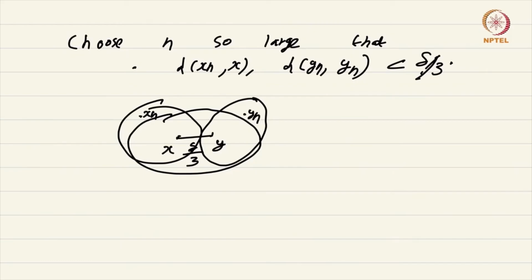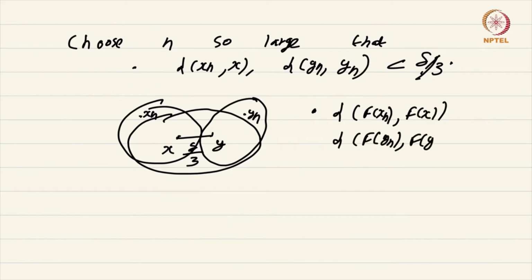Second step is d(f(xn), g(x)) and d(f(yn), g(y)). Sorry, there's a slight mistake here. f of y doesn't make sense. This is g of x and this is g of y, because x and y are coming from S closure. Let me just check whether I have not made a mistake here.